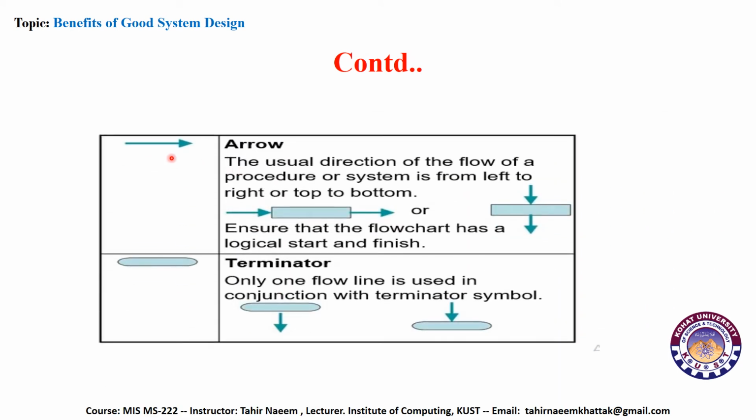First of all, the arrow. In a flowchart we use the arrow. The usual direction of flow of a procedure or system is from left to right or top to bottom. So whenever we draw a flowchart of operations, the arrow shows in which direction the data is going.